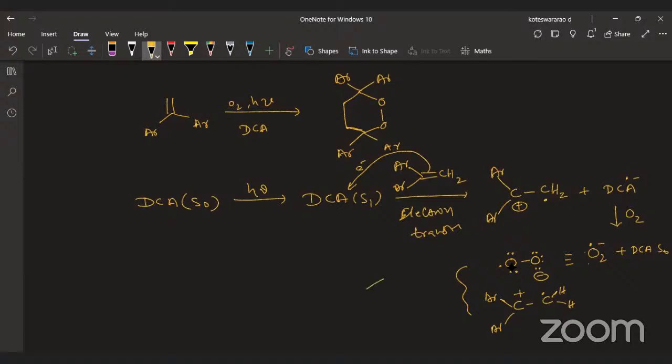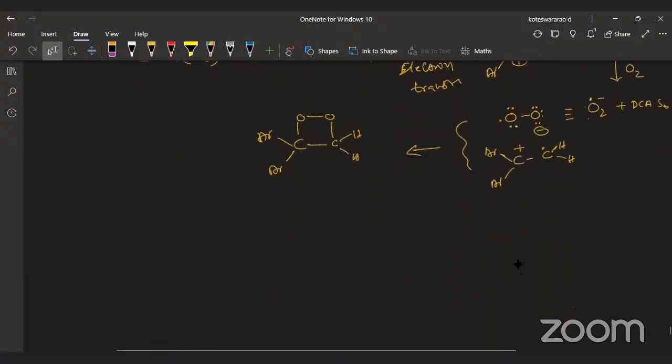The adduct is like this. Here this is the regular product, whatever I'm showing you here is the dioxetane, as we previously saw.